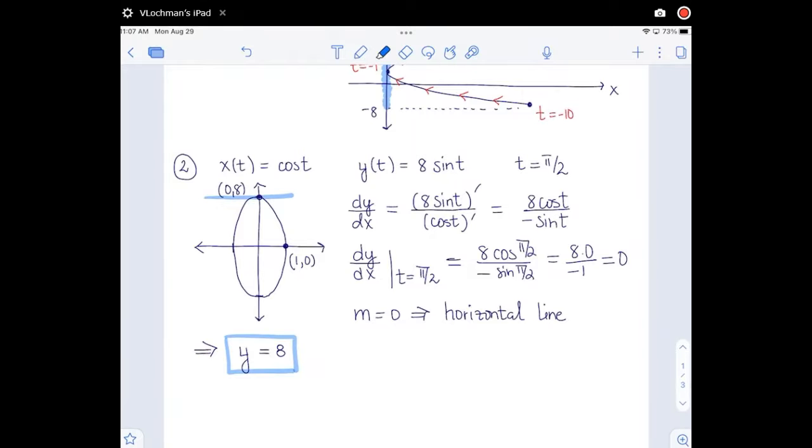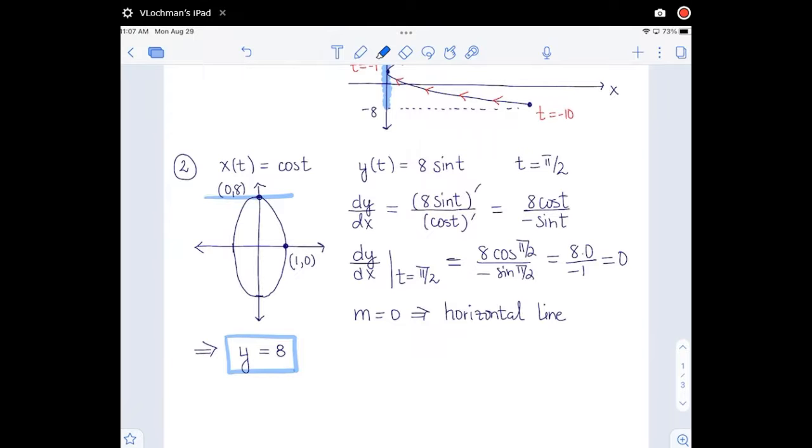We compute our derivative and it turns out to be 0 for t equal to pi over 2. At pi over 2, we're at the point (0, 8), which makes sense because we have a horizontal tangent line there. So the equation of the line is just y equal to 8.